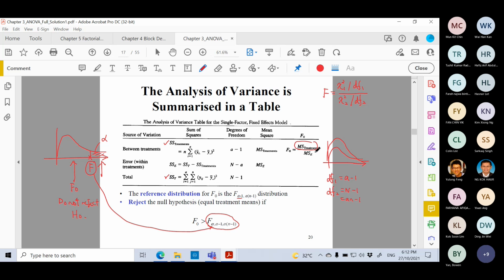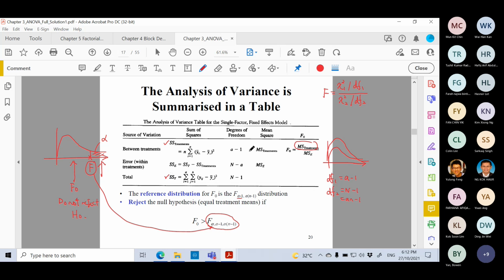How do we know that this belongs to the F distribution? For those of you without a statistics background, you need to recall what the F distribution is. The F distribution is given by a first chi-square distribution divided by its degrees of freedom, then taking the ratio with a second chi-square distribution divided by its degrees of freedom.